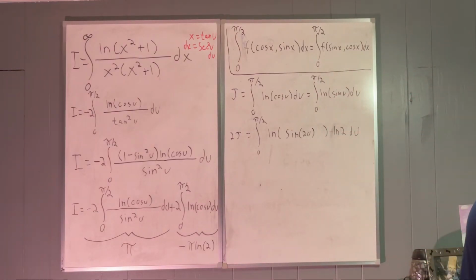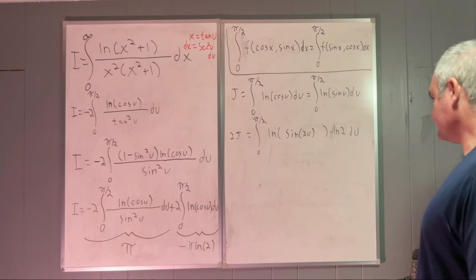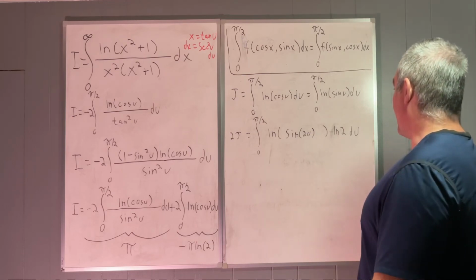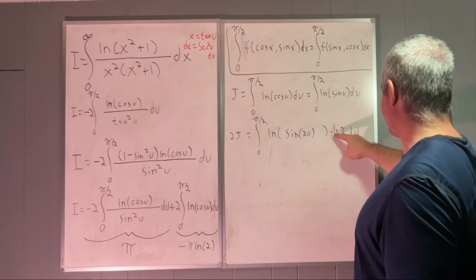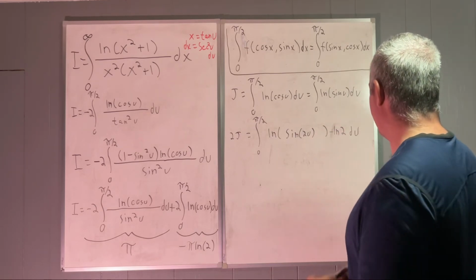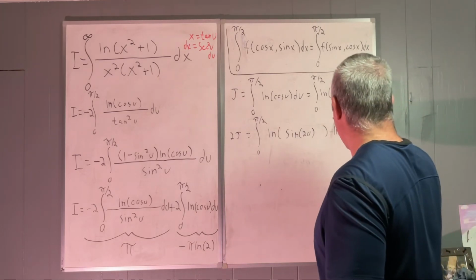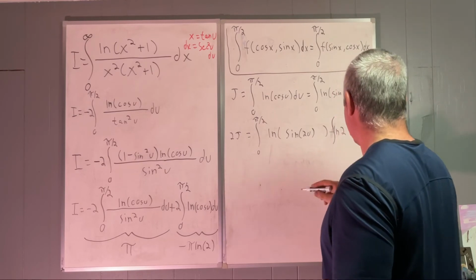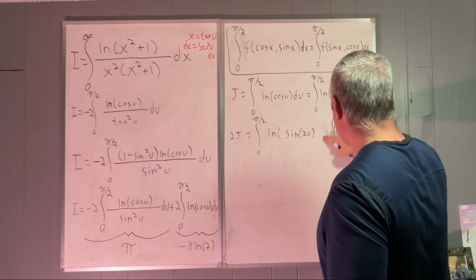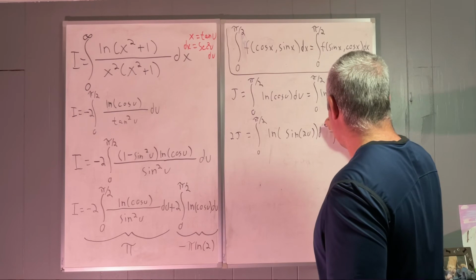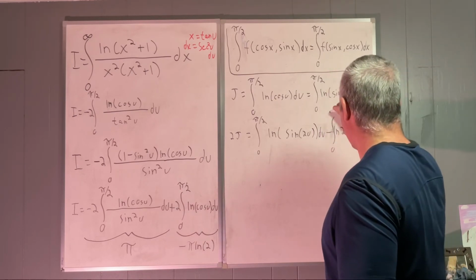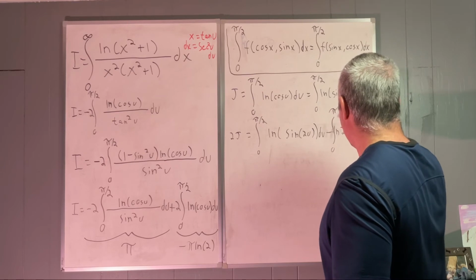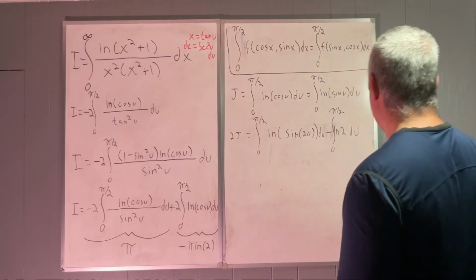Right? Okay. So let's immediately split this one off. Let's just go ahead and evaluate this one. So this will change to a du, and then we have minus the integral from 0 to pi over 2 of the natural log of 2 du.